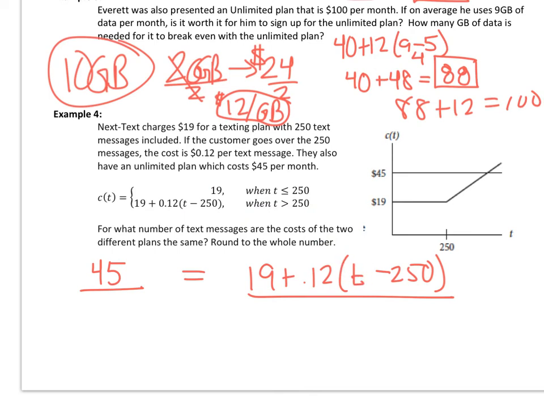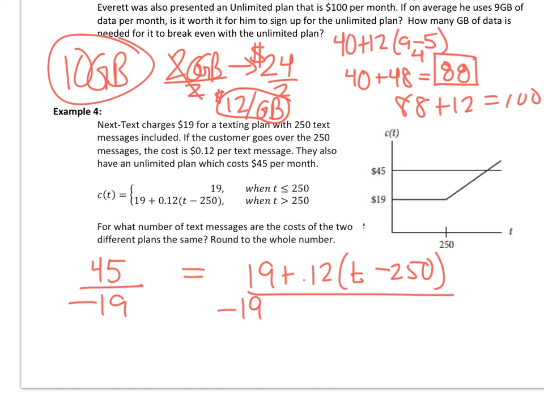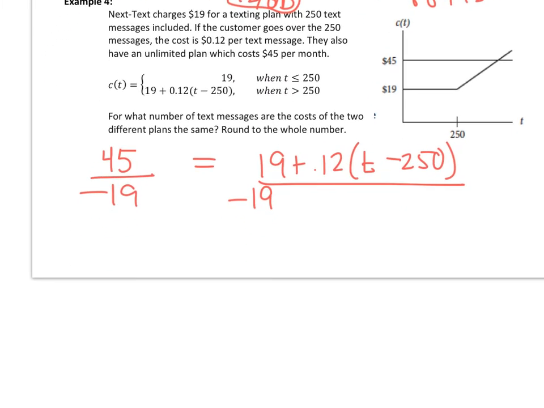So we can do this by subtracting 19 over to the other side. So now I have, what is that, 26? So 26 equals 0.12 times t minus 250. Now I can distribute here.